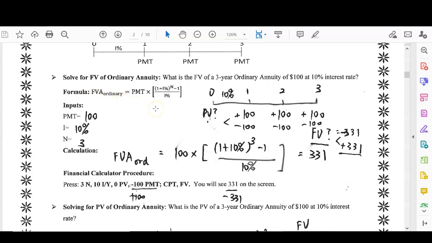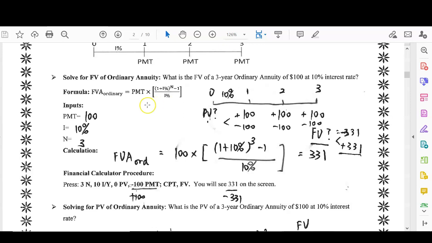You are not required to know the derivation. However, you should know how we can use this formula. Okay, in exams, you're gonna be provided these formulas, so you don't have to memorize them either. But you need to know what each variable here stands for and what numbers you should use when you are using the formula.